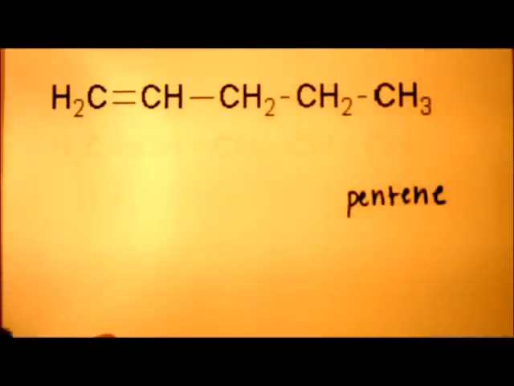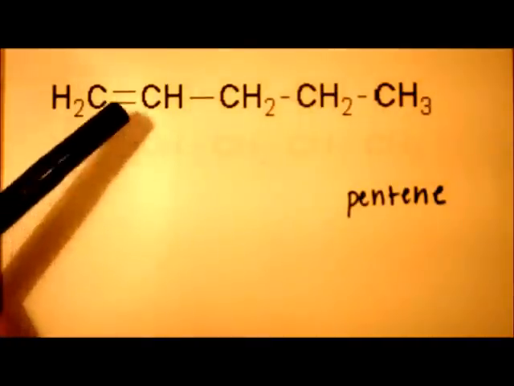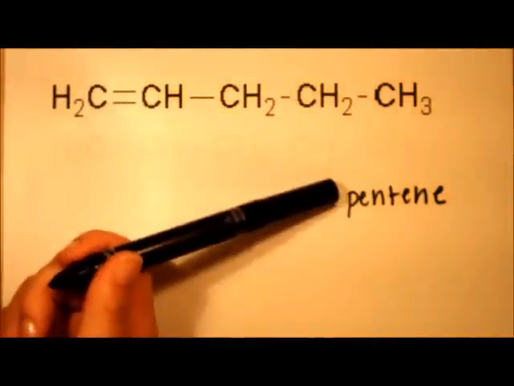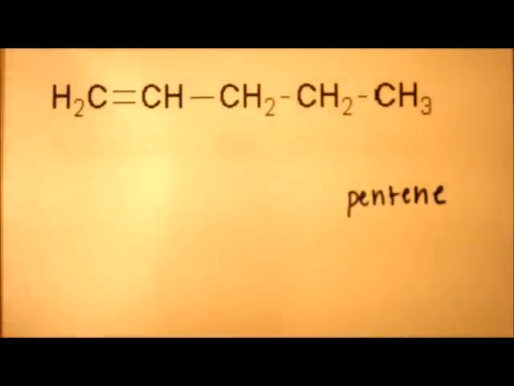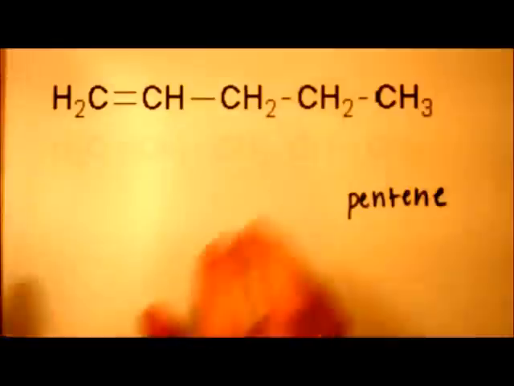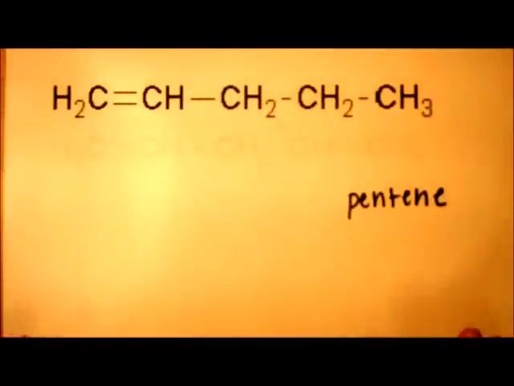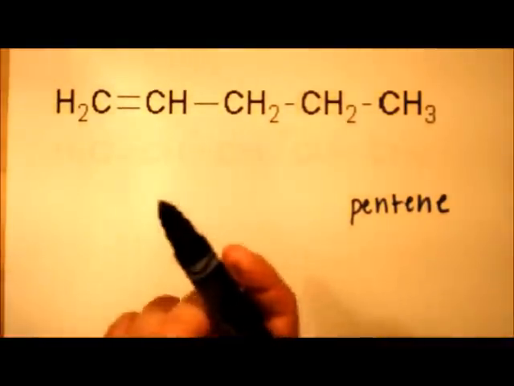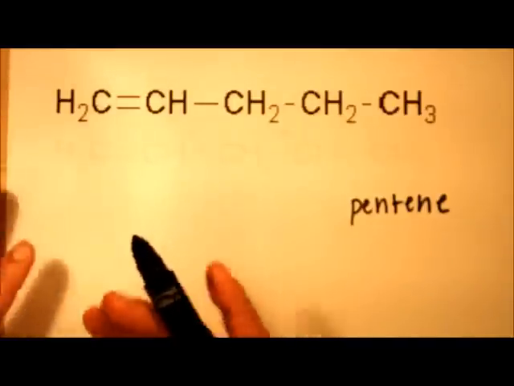Now, we can't leave it at that because we have a double bond. And if someone were to draw pentene, they would have to know where the double bond is, because the double bond could be here, there, or there. So to let a chemist know where the double bond is, we must put a number.